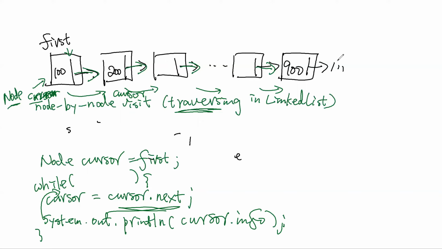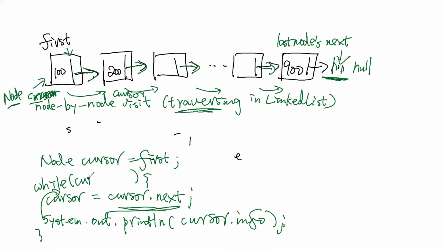But the question is, how do I know it's the last node, the end of a linked list? Basically, the last node's next points to this thing, and we call this a null, a null node.